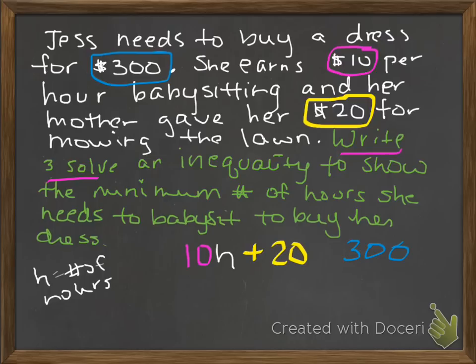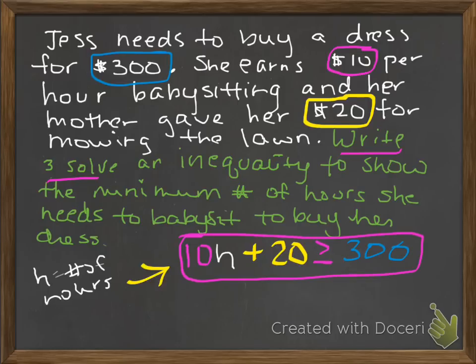All of this on the left-hand side needs to be greater than or equal to $300, so it can be more than that or equal to. This would be your first step, writing this on the line. That would be your first answer right there, coming up with the inequality. Then on the next page, I'll show you how to solve it.